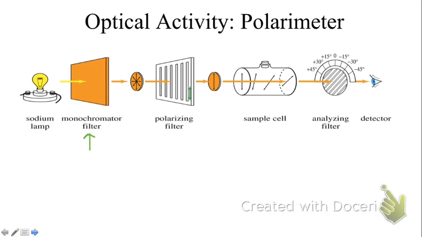That filter's there just to make sure the light is consistent and even, and when it passes through that filter, the light has all directions associated with it. Light can move in any given direction. You end up with different vectors associated, and what they're trying to show is how that light passes through.